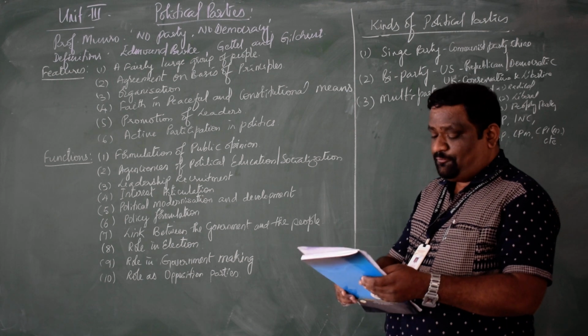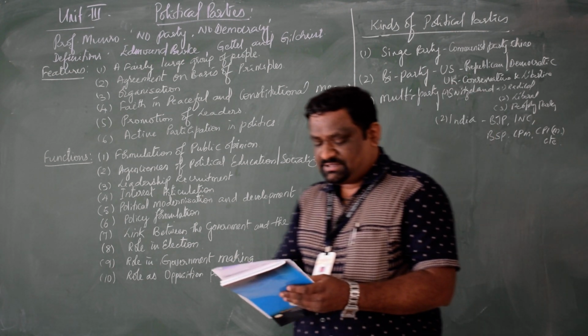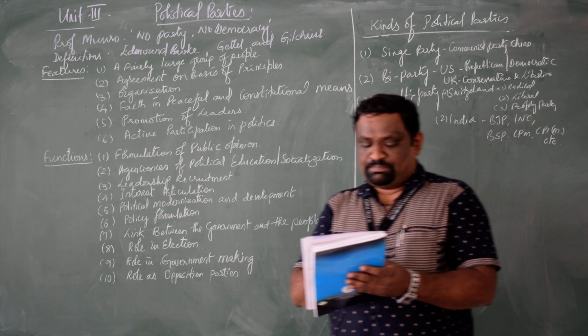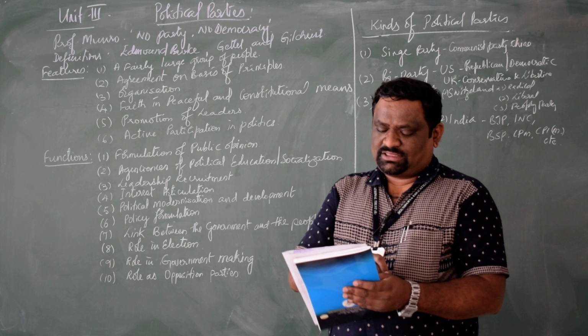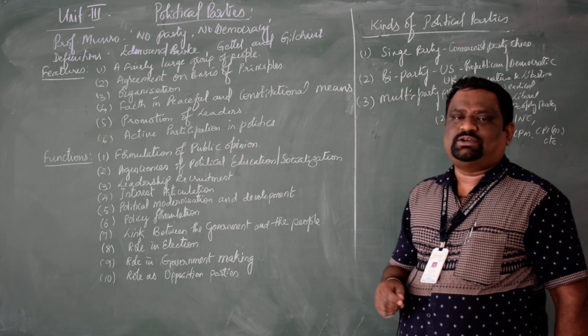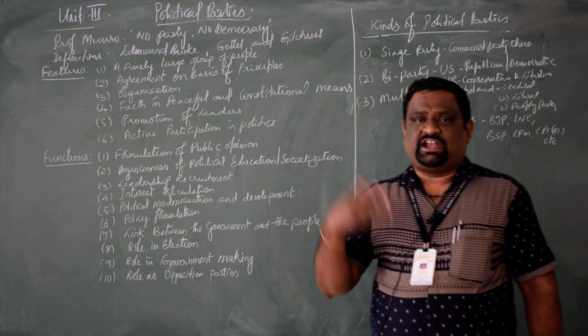And coming to the fourth very important feature or the character of the political party is faith in peaceful and constitutional means. Yes, always a political party believes in faith and they have an idea towards peace and constitution. See, the idea of political party is not to fight with others.